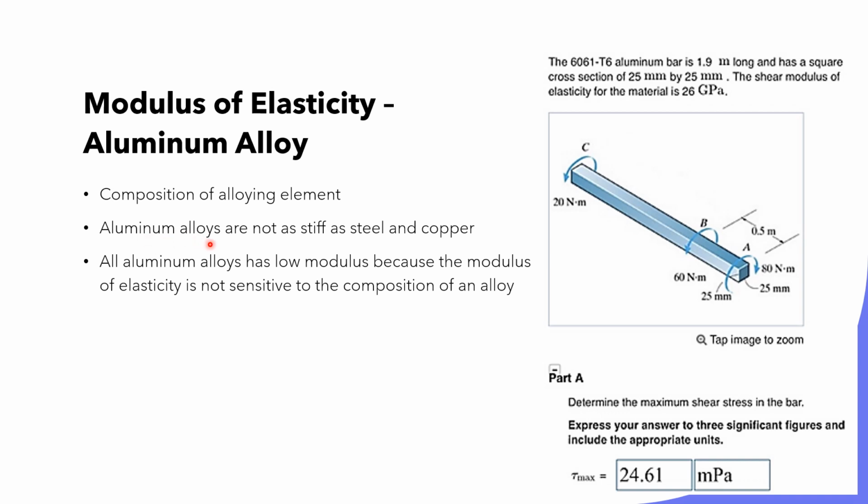So in this case, aluminum is not as stiff as steel and copper. If you calculate it, you get about 26 GPa, which is the modulus of elasticity, meaning it has a low modulus.